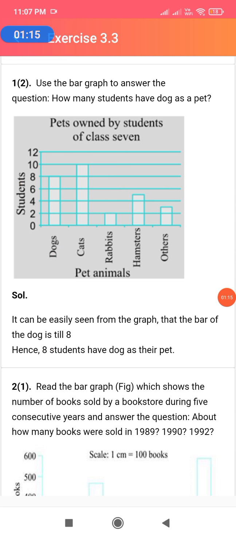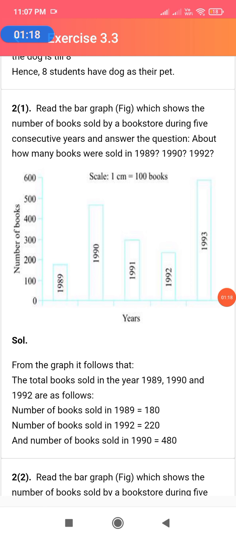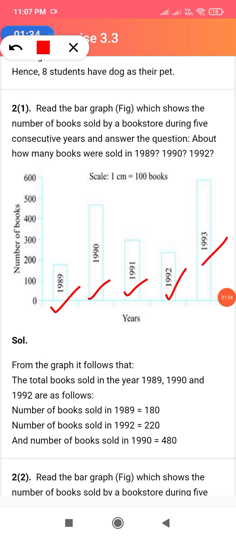Next. Read the bar graph which shows the number of books sold by a bookstore during 5 consecutive years. You see there are 5 consecutive years over here: 1989, 1990, 91, 92, 93.